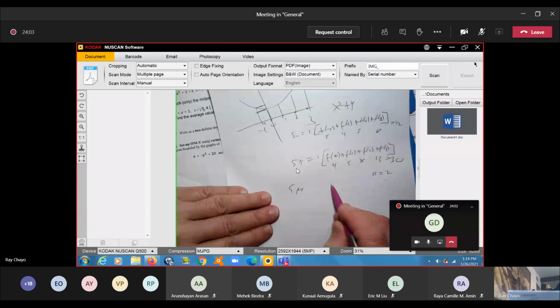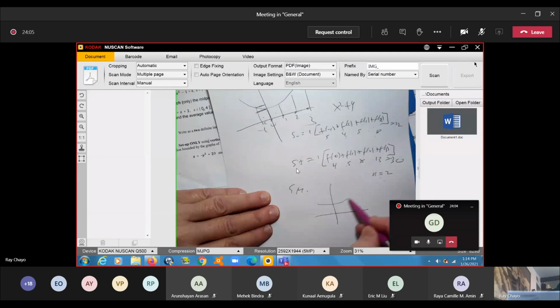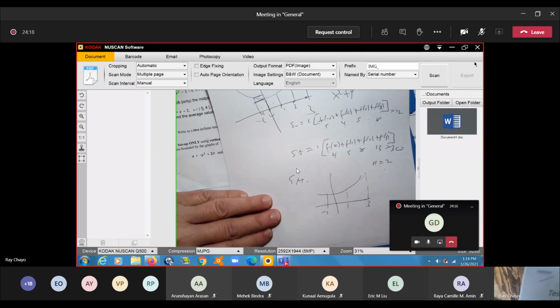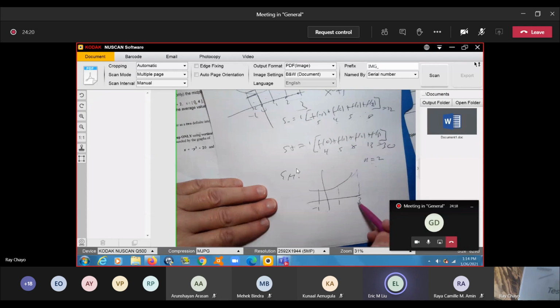So let me do this again. You're going to go from -1 to 1 and then to 3. Mr. Shayo, when we do a midpoint problem, will it specify how many rectangles? Yes, because it makes a difference.